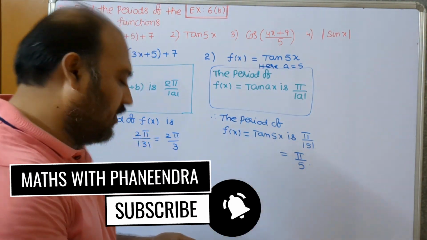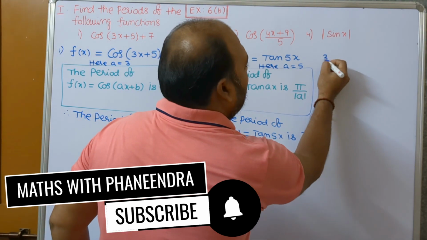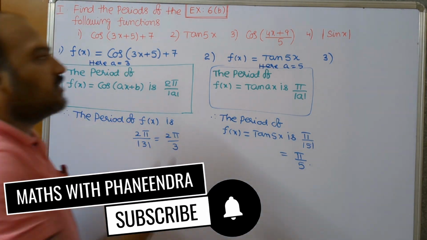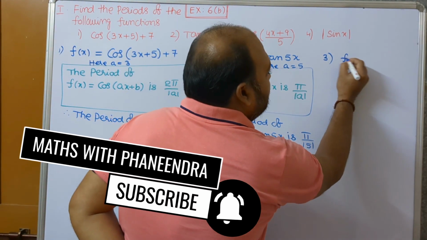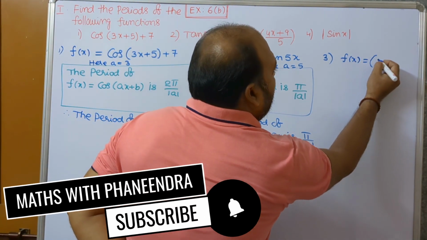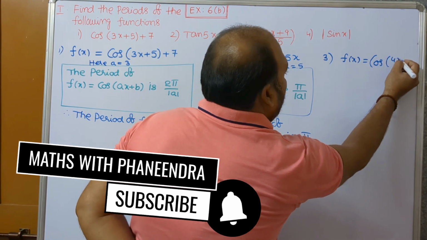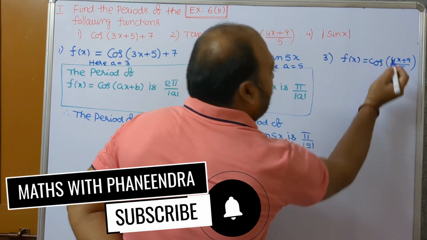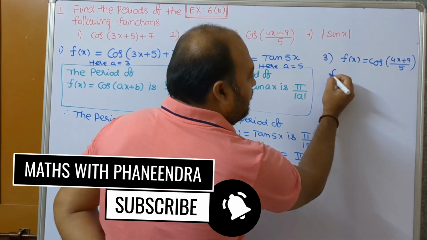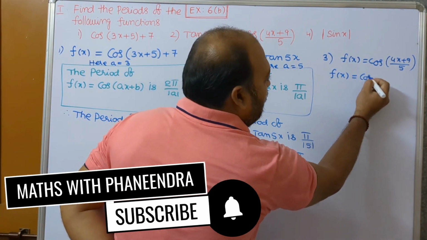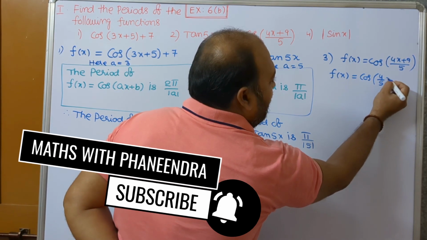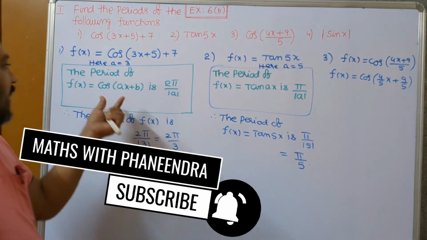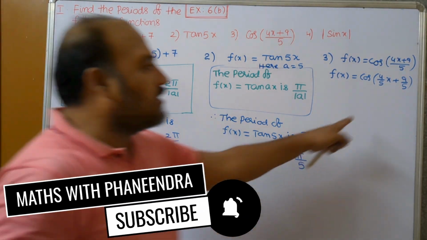Question number 3. Here in this, I am writing directly, because we already did a problem based on the same cos function. First step, f of x is equal to cos of 4x plus 9 divided by 5. So we can write it as f of x is equal to cos of 4 by 5 x plus 9 by 5. Am I right? It is in the form of cos of ax plus b only, no? So what is a here?